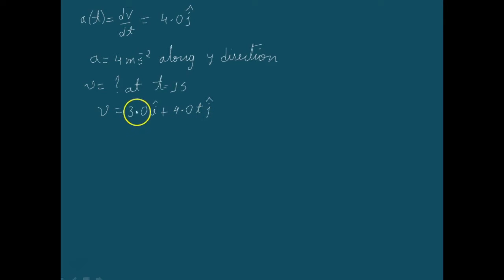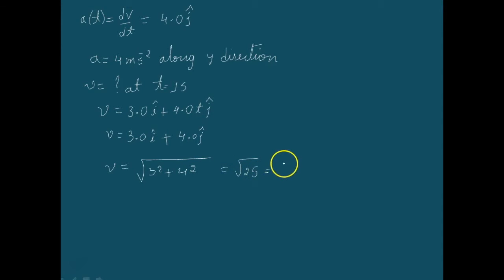So we substitute the value of t as 1 second. We get v = 3.0 î + 4.0 ĵ, and its magnitude is given by the square root of 3 squared plus 4 squared, that is 5 meter per second.